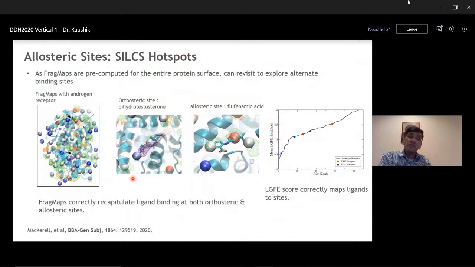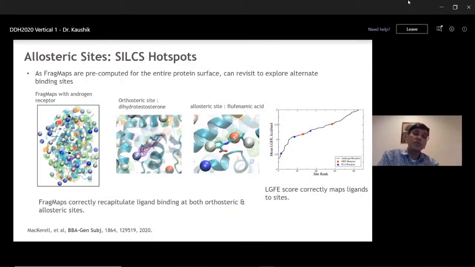So this by itself is an interesting find in the sense that the frag maps using the grand canonical Monte Carlo approach reached into that site, although completely buried, and sampled the binding pocket correctly. But this is also coupled with sampling the entire protein surface. So now you can go back and see, hey, where else do we find interesting binding sites, and are those hotspots or potential binding sites?